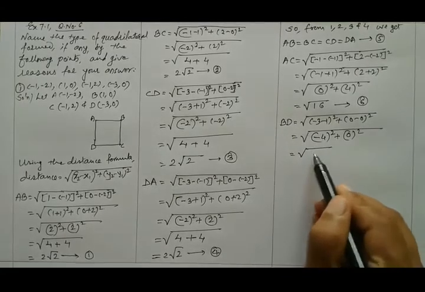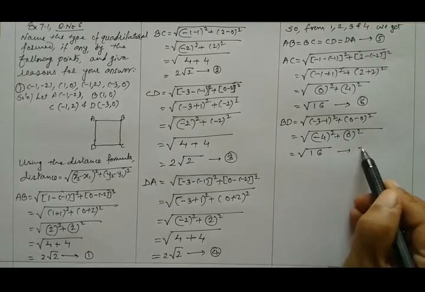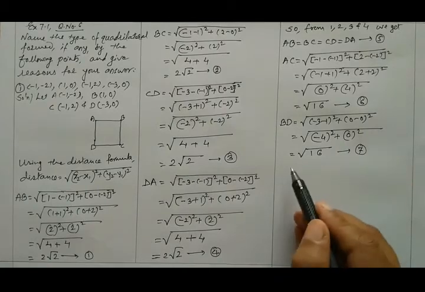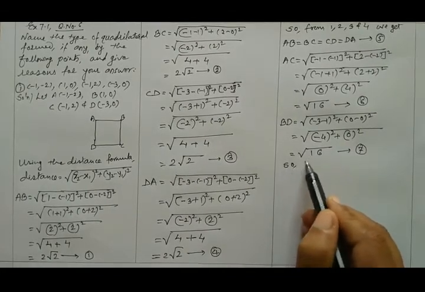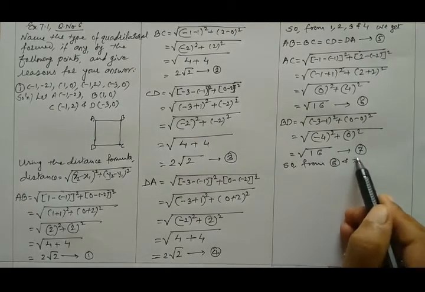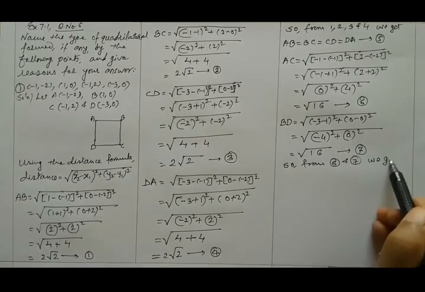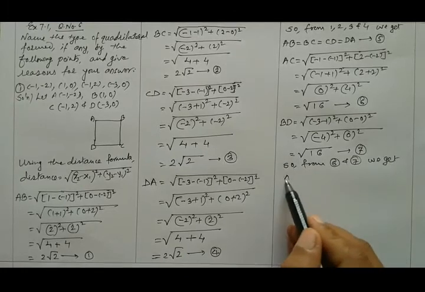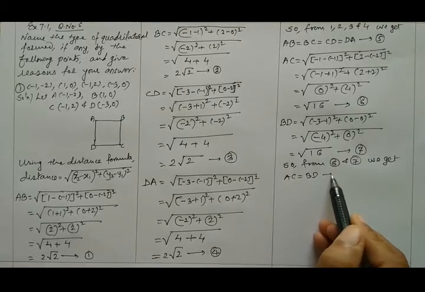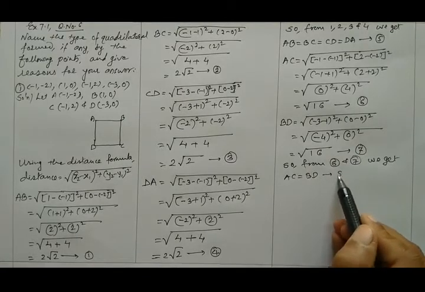So it is nothing but root 16. You call this result number 7. So from 6 and 7 we get the diagonals are equal, AC is equal to BD. You call this result number 8.